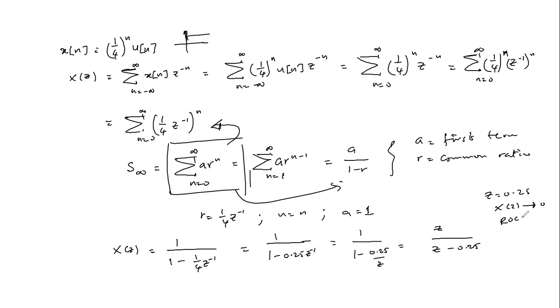We know that the region of convergence is that region where the z transform is finite, less than infinity. Hence mod of z must be greater than 0.25 for convergence. So to designate the z transform properly, it is z over z minus 0.25 for values of mod z greater than 0.25.